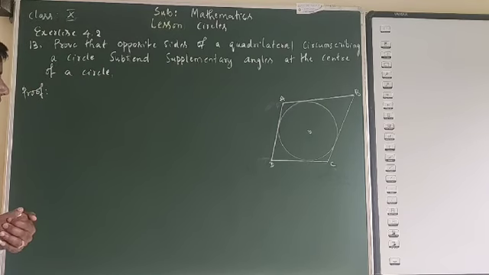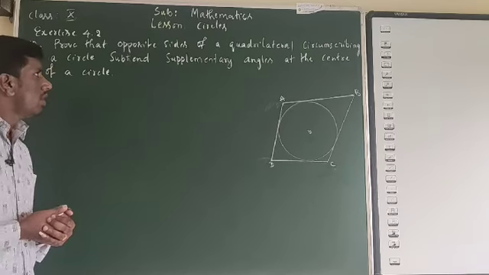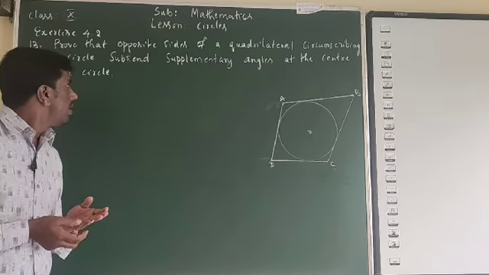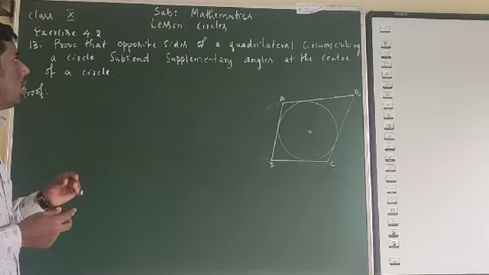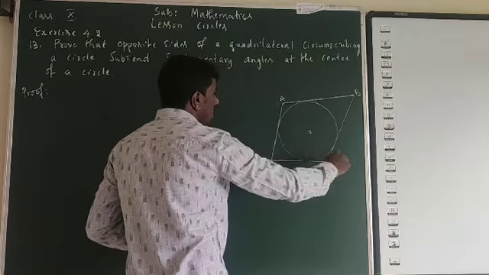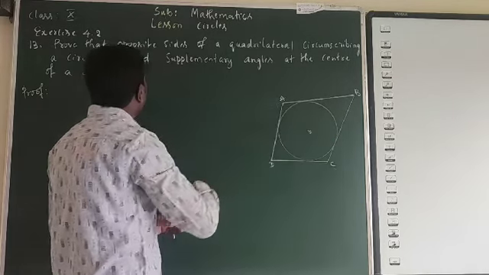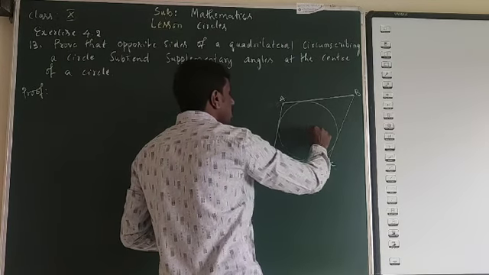Prove that opposite sides of a quadrilateral circumscribing a circle subtend supplementary angles at the center of a circle.